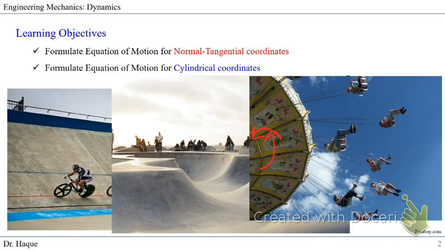And they have normal and tangential components, but as soon as the speed goes high, they also move in this direction, so they go high from the ground. So you can solve this kind of problem using cylindrical coordinates because it's rotating and also moving in height. This kind of problem is easier if we use cylindrical coordinates.